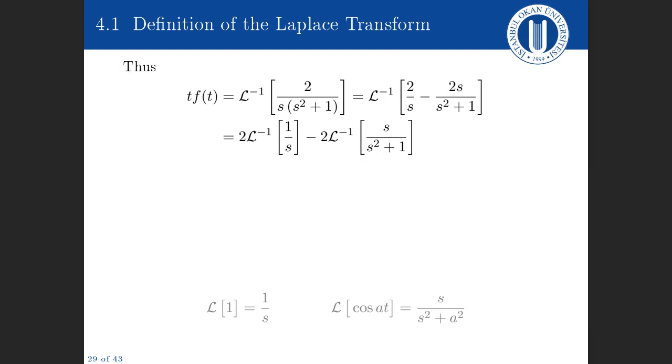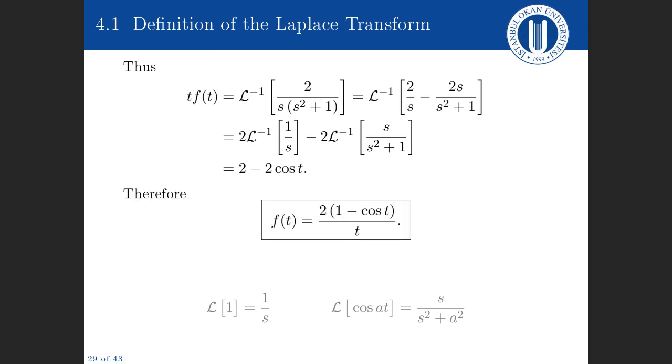Because that's just 2 minus 2 cos t. And then we're almost finished. We want to find small f of t, so all we need to do is divide both sides by t. The answer to this question is 2 multiplied by 1 minus cos t, all divided by t.